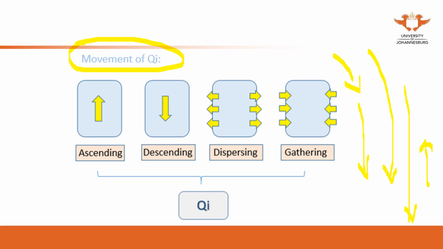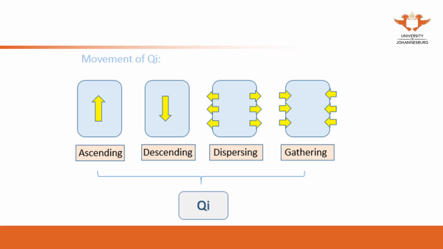Can you think of anything about dispersing in our daily life? What's dispersing? For example, a patient suffers from sweating, excess sweat. That's dispersing. Sweat is a normal physiological situation.